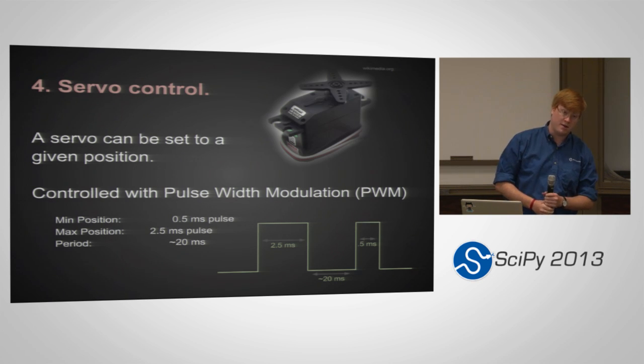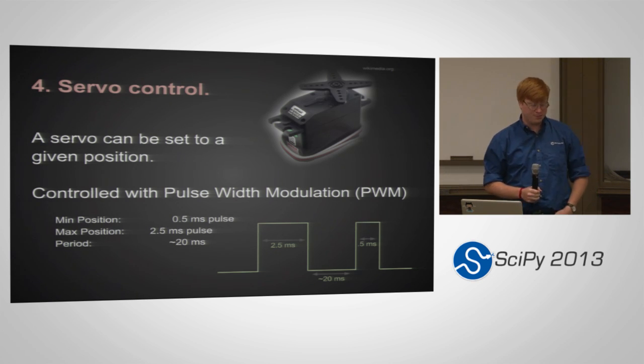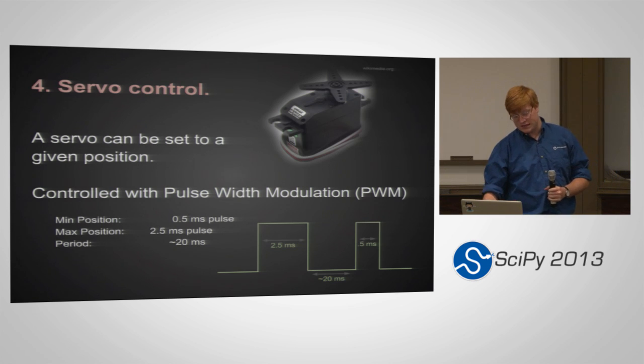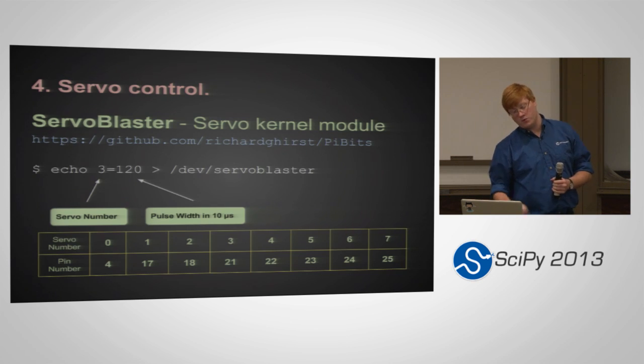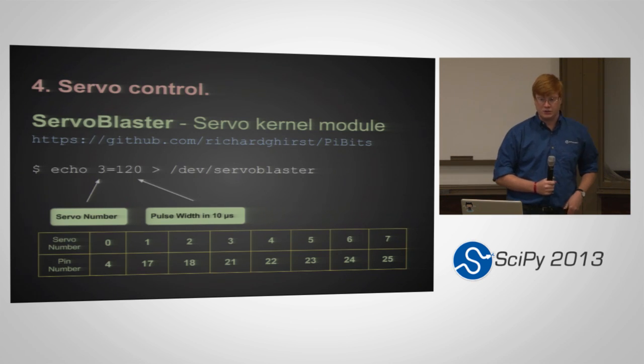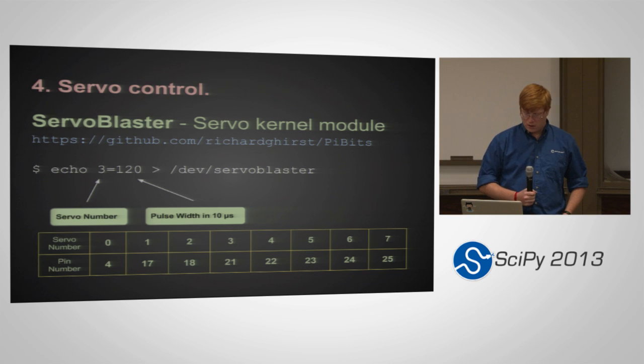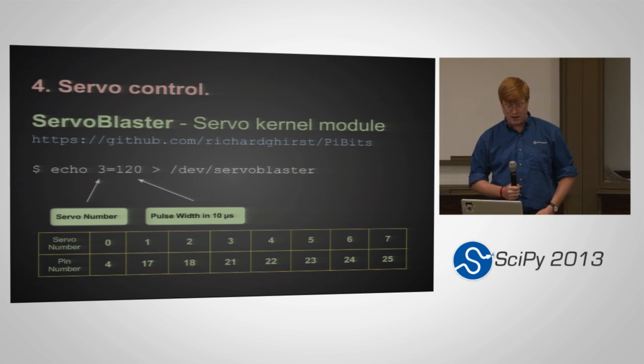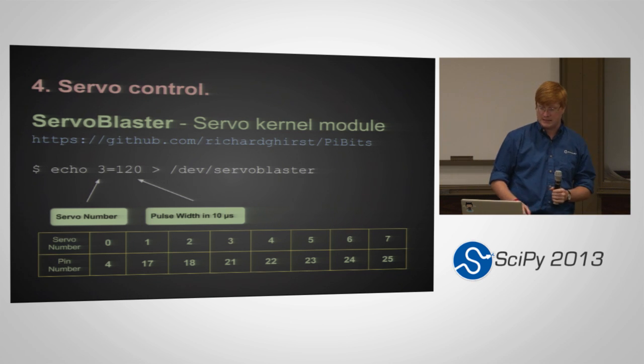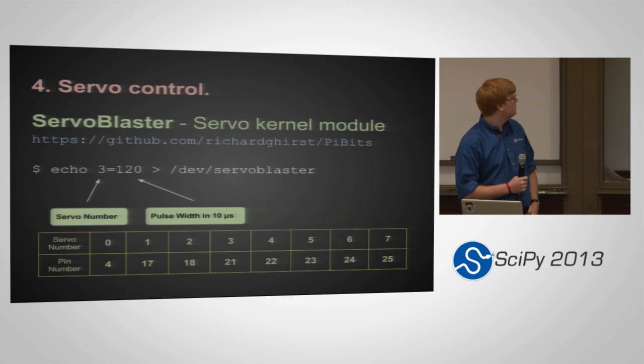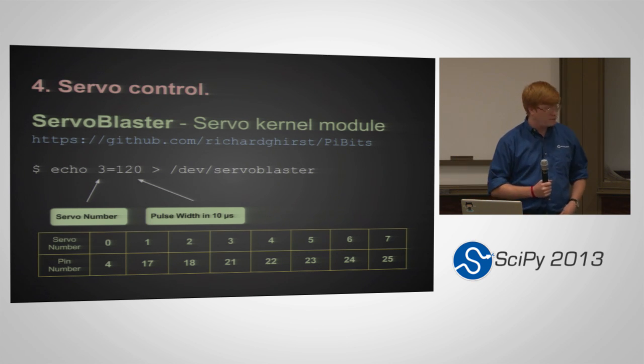Python and the Raspberry Pi can't control a servo with that precise of timing without the help of a special library that I'll mention. And that is a kernel module called ServoBlaster, which uses, I think, memory control blocks to bypass the CPU and give you quite precise timing. And basically that puts a file that you write to.